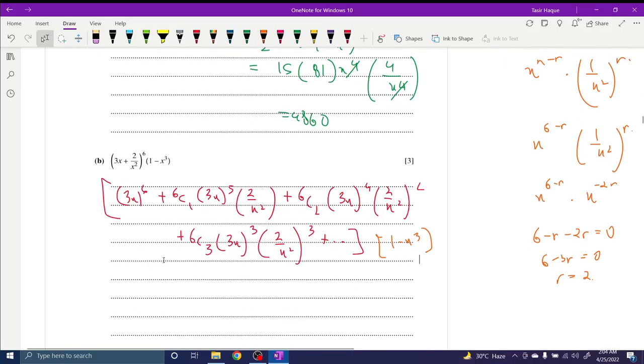So if we want the term independent of x over here, there are two options, right? We can multiply this one with the term independent of x. Remember, that's the 6c2 term.